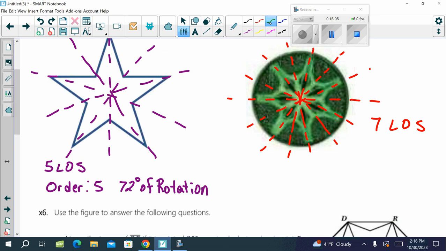So how many degrees does that mean? 51 point, I got 51.4. Okay, and what was its order?